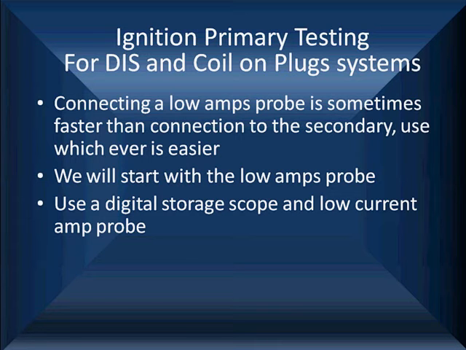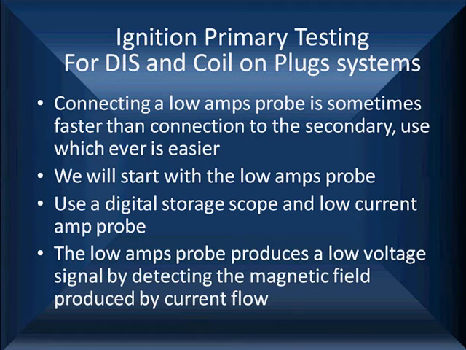But let's talk about this low amp probe and what it does. It produces a low voltage signal by detecting the magnetic field strength produced by current flowing through the wire. It is converting this into millivolts. Now, if you have a low amps probe designed to work with your lab scope, and you have a lab scope setting for low amps probe, you will read this out as amps.